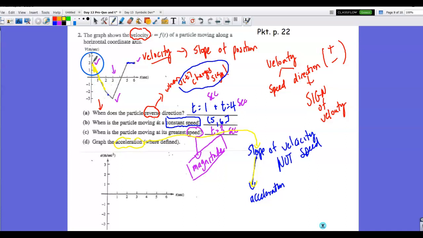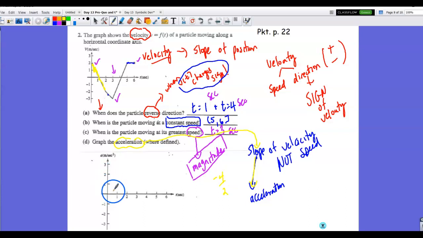So this is going to be a drop from 2 to -2, so that's a drop of 4, so I have -4. And we're going to go from 0 to 2, so that's a run of 2. So the slope of that first line segment is -2.